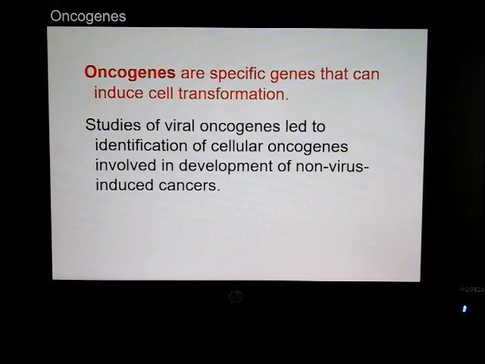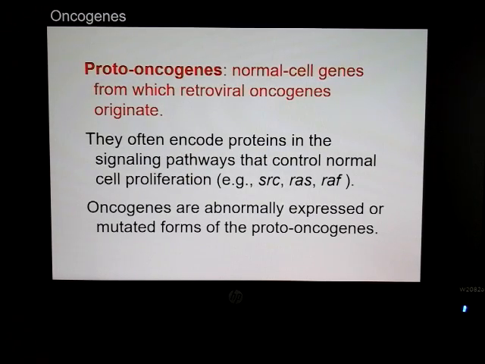An oncogene is technically a specific gene that will induce cell transformation. So any type of gene that can cause cancer is considered an oncogene. A proto-oncogene will be in normal cells, and basically it's believed that the viruses played an important role in us actually getting these oncogenes in the first place.